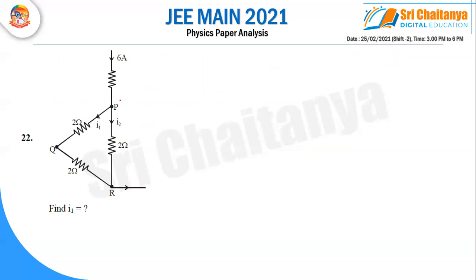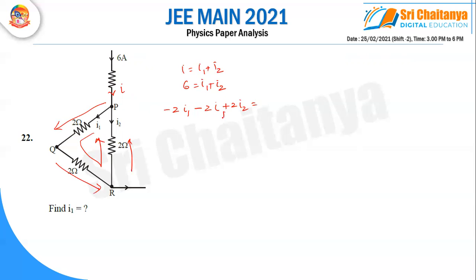Now this current is splitting, the total current is splitting here, and I is equal to I1 plus I2. So 6 is equal to I1 plus I2. So we employ Kirchhoff's voltage law, starting from here: minus 2 I1 plus 2 I2 is equal to 0.